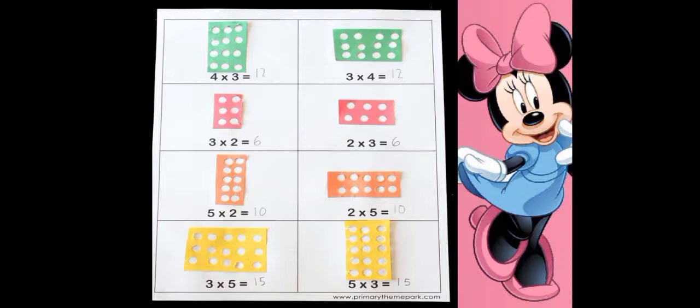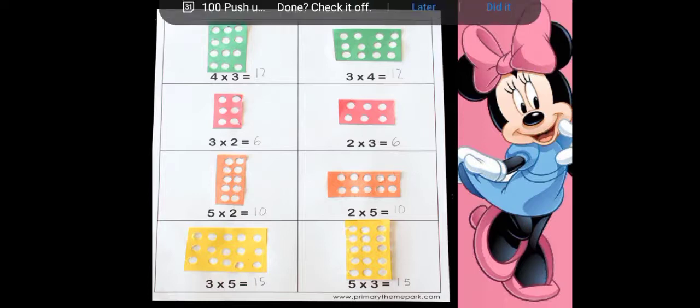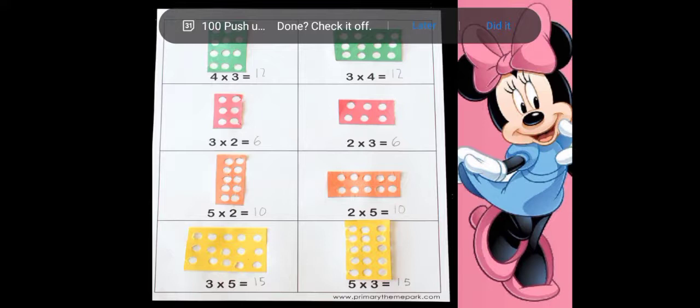Alright, very good. It's 12 again. So the other side: 3 rows multiplied by 4 columns is how much? Alright, very good. It's 12 again.